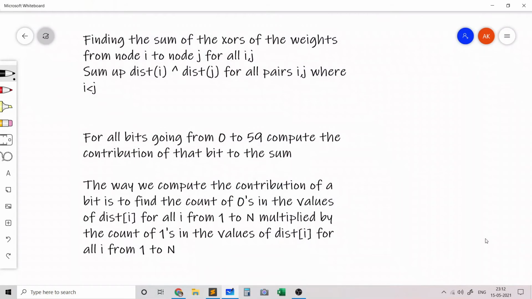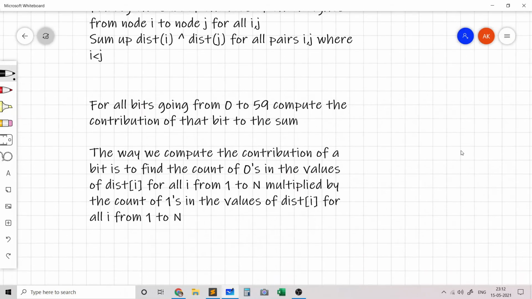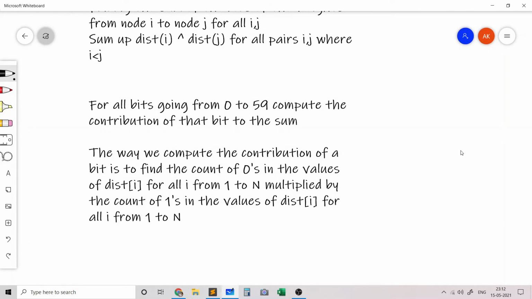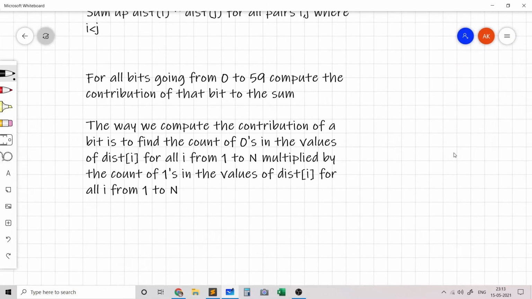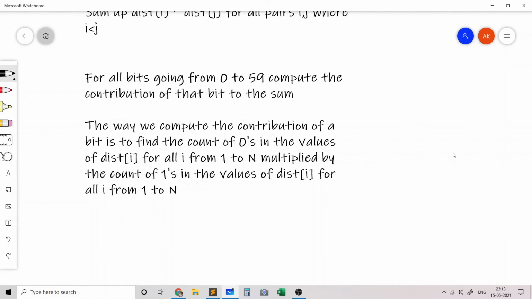So the way we would evaluate the sum is, for all bits going from 0 to 59, we would compute the contribution of that bit and add up all these contributions in our final answer. The way we would compute the contribution of each bit would be to find the count of zeros in the values of distance of i for all i from 1 to n, and multiply that by the count of ones in the values of distance of i for all i going from 1 to n.